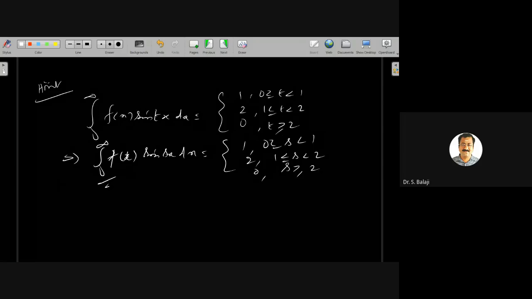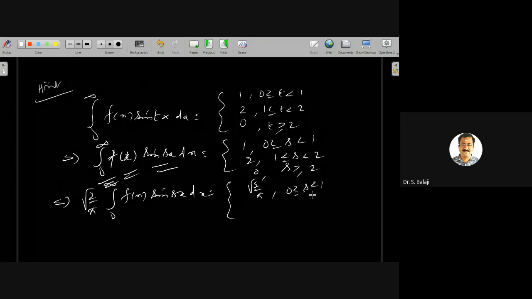So it is like the Fourier sine transform definition. If you multiply by root of 2 by pi, it is similar to the Fourier sine transform definition. Therefore, we multiply by root of 2 by pi: root of 2 by pi for 0 less than or equal to s less than 1, 2 root of 2 by pi for 1 less than or equal to s less than or equal to 2, and 0 for s greater than or equal to 2.